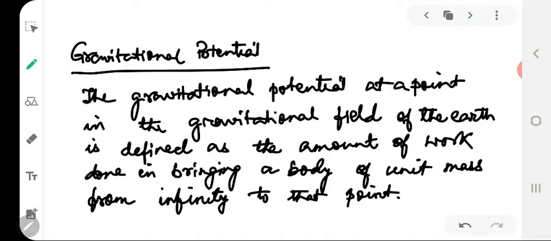The unit of gravitational potential is joule per kg. Obviously, gravitational potential at a distance r from the center of the Earth can be obtained by setting m equal to 1 in the expression for gravitational potential energy.